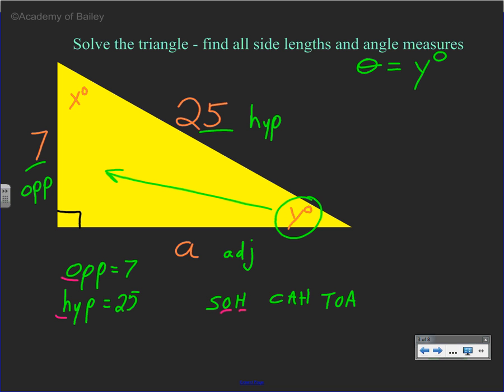It's probably going to be sine because cosine needs the adjacent, and so does tangent. So sine is the trig function we're going to be using. The formula says we take sine of theta, and in this case, theta is y. So we say sine of y is equal to opposite over hypotenuse. Opposite is 7, hypotenuse is 25.